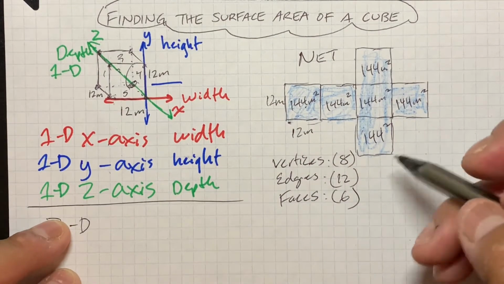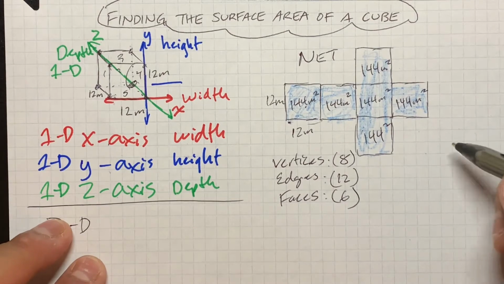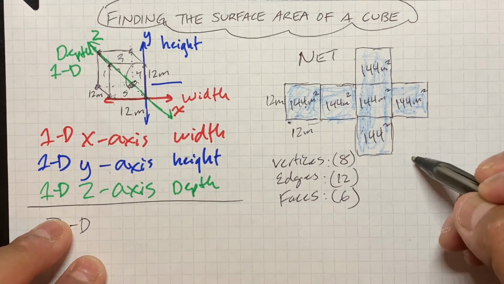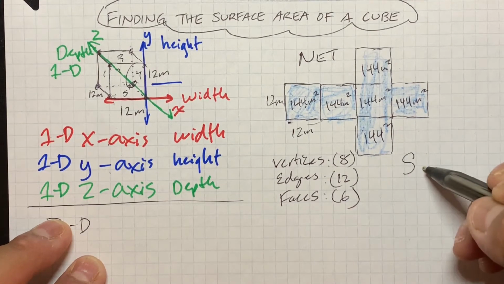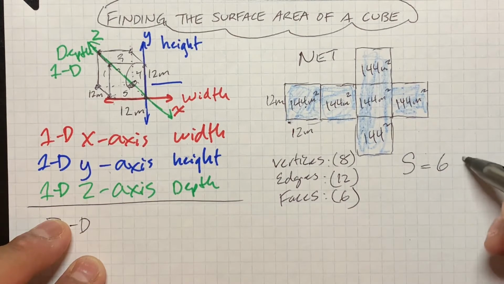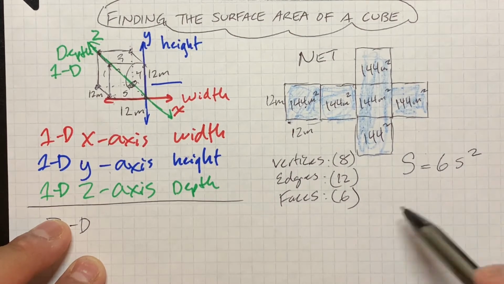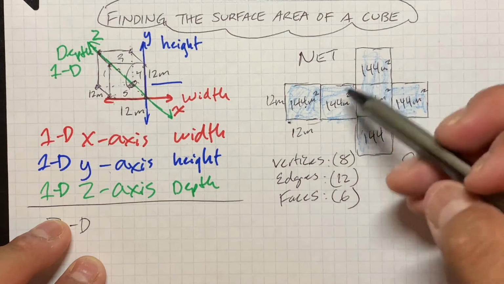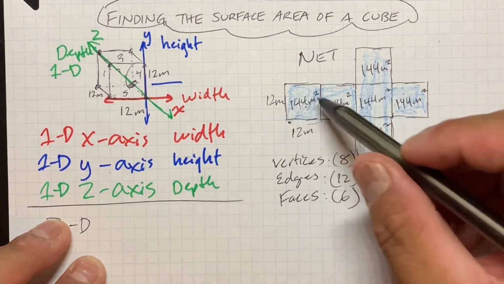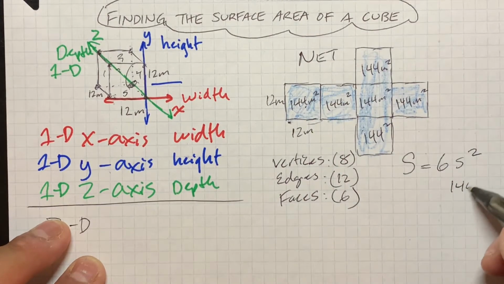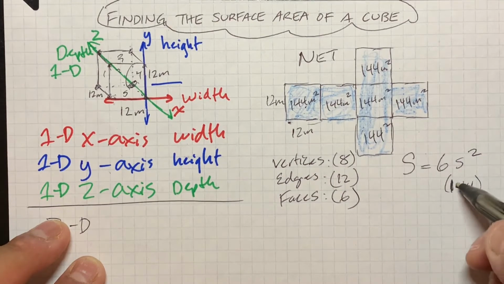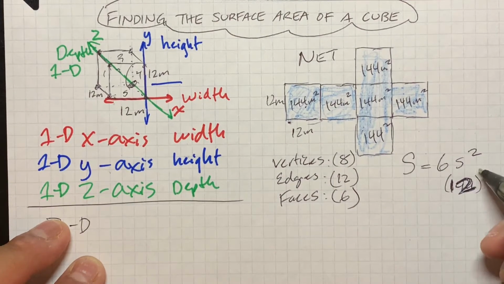So there is a formula for a cube, and that formula is S equals 6 times S squared. In this case, S equals the side of one of these squares. Actually, it's 12, sorry, it's 12 squared.